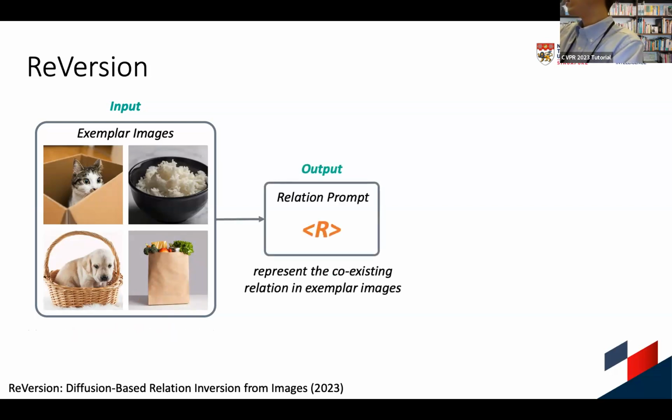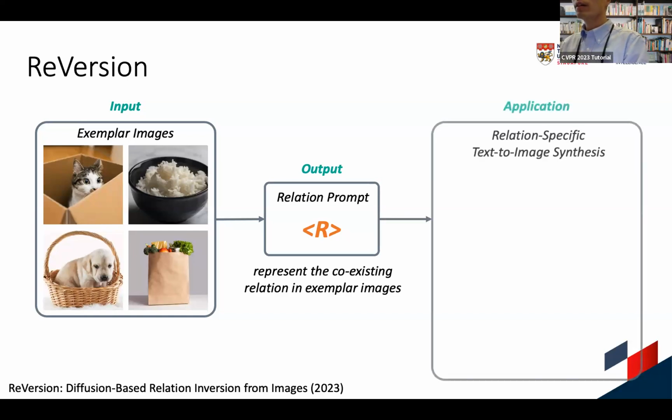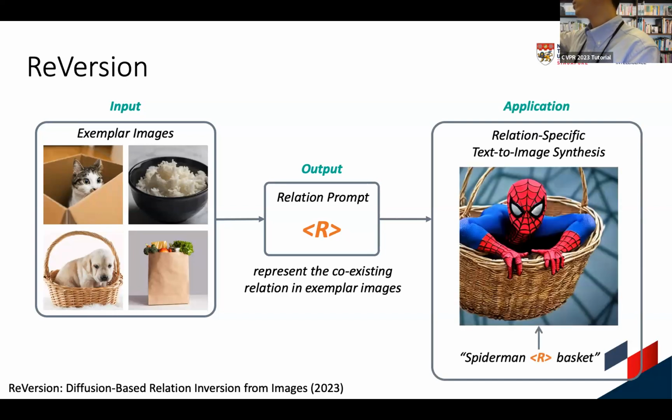The work is ReVersion, diffusion-based relation inversion for images. You can also use an optimization-based method or an encoder-based method to learn these coexisting relations in the example images. Once you have learned this relation prompt, this R here, you can reuse it to generate relation-specific images, like Spider-Man with R in between the basket, so Spider-Man is inside the basket.